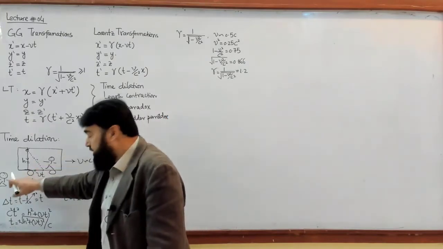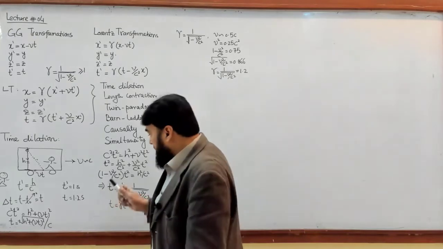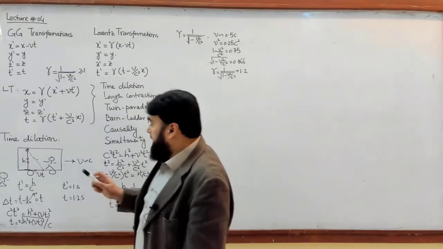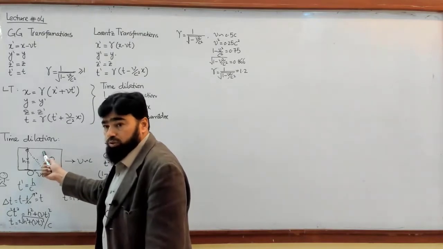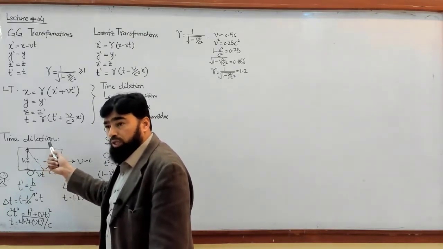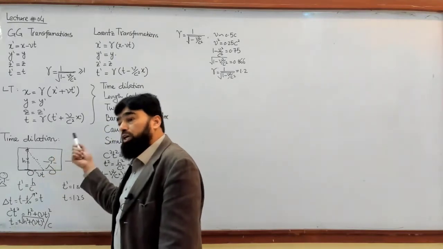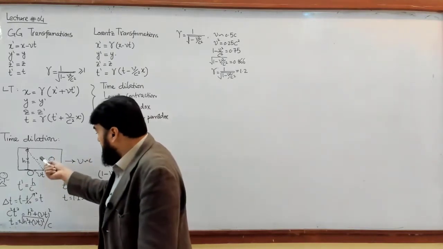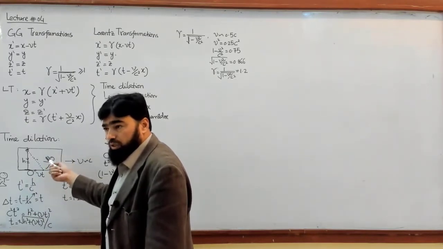So what will the stationary observer say? The stationary observer will say that this clock is running slower because my 1.2 seconds are equal to its 1 second. So this clock is running slower.